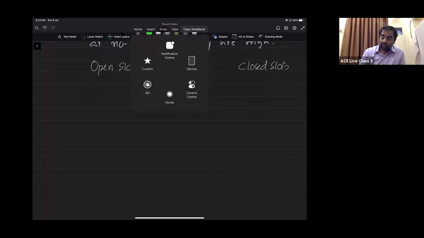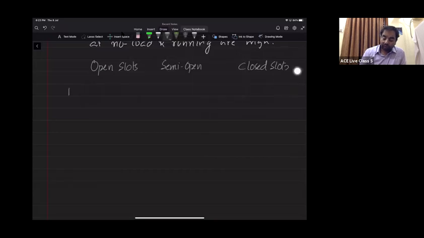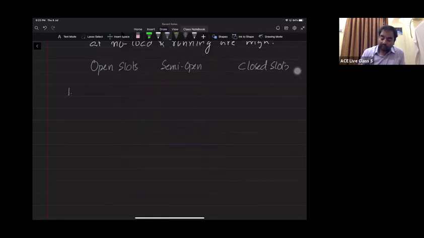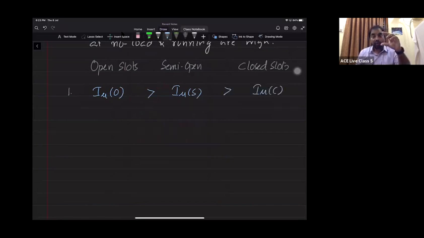Let me first discuss with respect to magnetizing current. In which case will the magnetizing current be more? You can see the magnetizing current in open slots will be more compared to semi-open, compared to closed. Why will the magnetizing current be more? The average length of the air gap is more, so reluctance is more, magnetizing current is more, and power factor will be less.